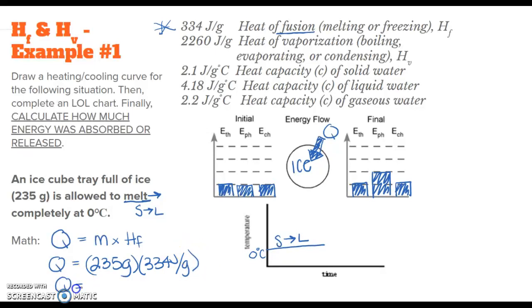So when we multiply that through, we are going to have 78,500 joules absorbed. It's important to include that word here because it's telling us the direction of our heat flow. And that is how you do a heat of fusion example problem.